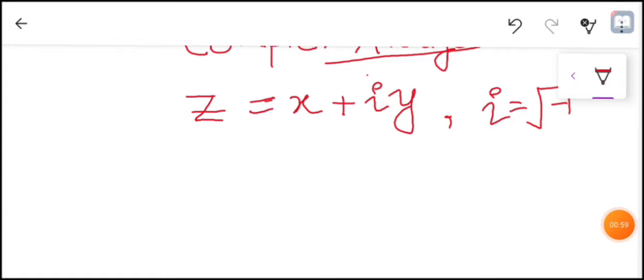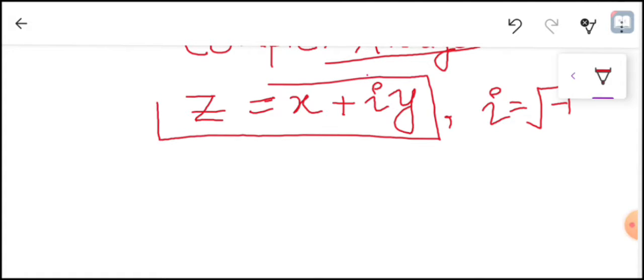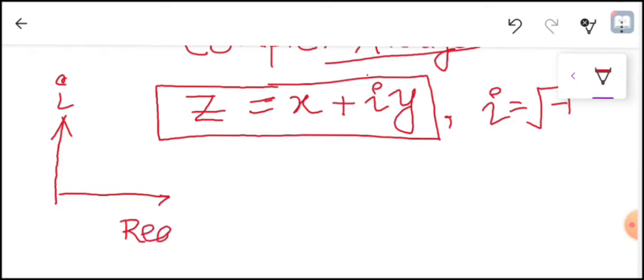Now there are many ways to represent the complex number z. Here we express the complex number in Cartesian form. Now it can also be expressed in polar form, so we have to draw a graph. Suppose this is the real axis, this is x, and this is the imaginary axis, this is y.